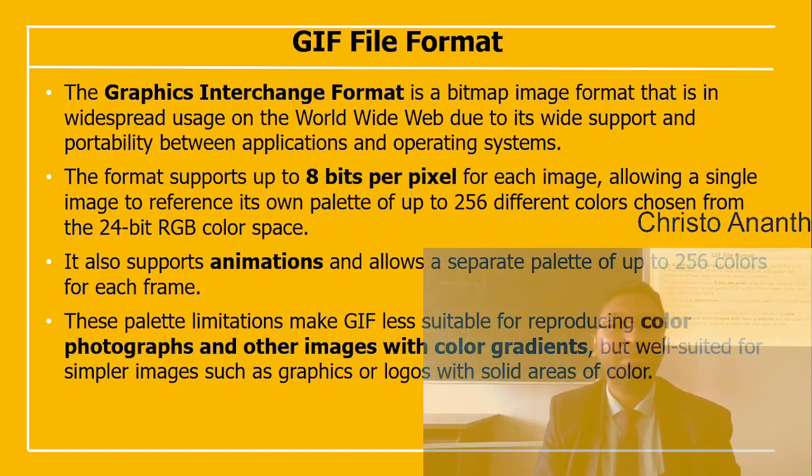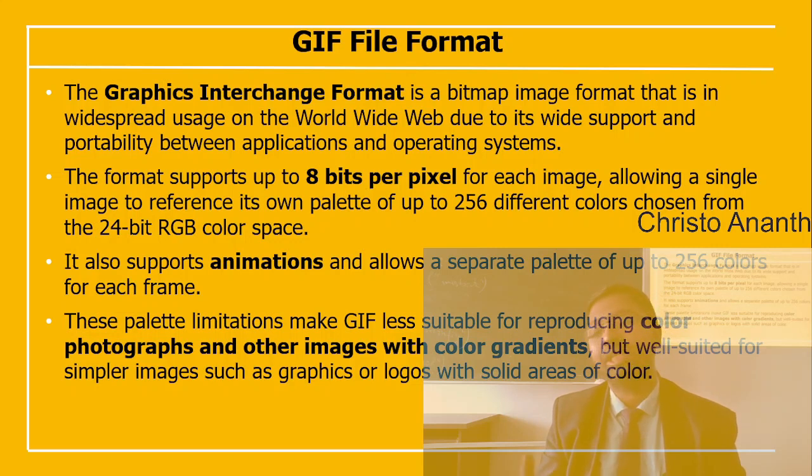The format supports up to 8 bits per pixel for each image, and it allows a single image to reference its own palette of up to 256 different colors chosen from the 24-bit RGB color space, so red, green, and blue. You can support animation, and you can have a separate palette of up to 256 colors for each frame.